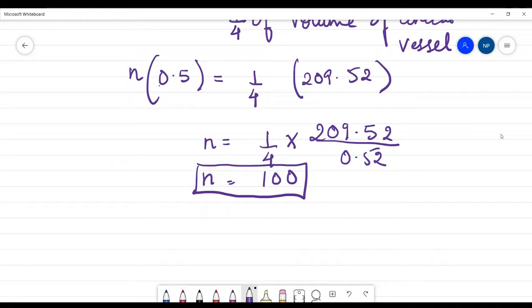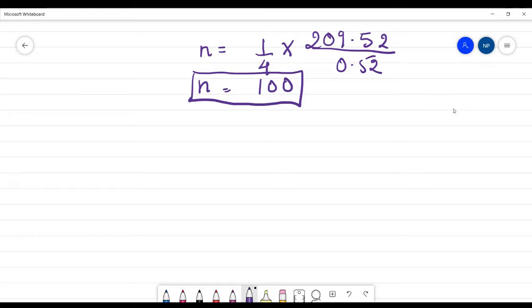Question number 6 states that a solid iron pole consists of a cylinder of height 220 centimeter and base diameter 24 centimeter, which is surmounted by another cylinder of height 60 centimeter and radius 8 centimeter.